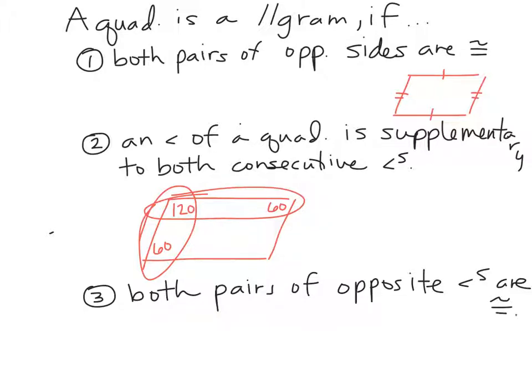Okay, so for this one, if they give you this picture and they tell you those are the same and those are the same, you can say that must be a parallelogram. Okay, if opposite angles on both of them, can't just be one, both pairs of opposites are congruent, then it has to be a parallelogram. So far, so good?